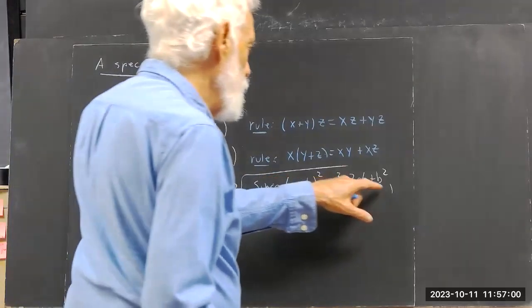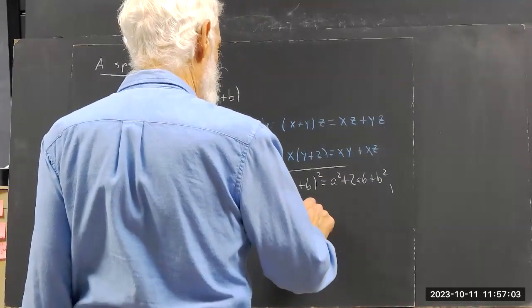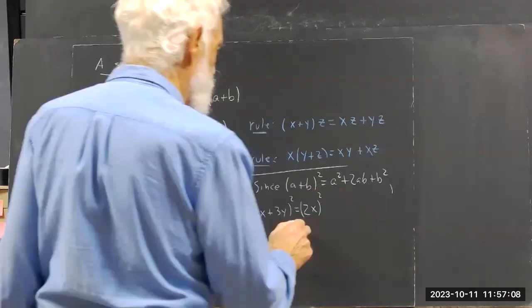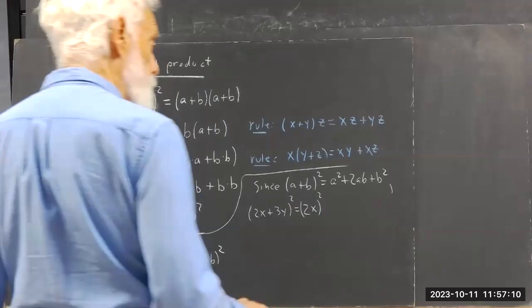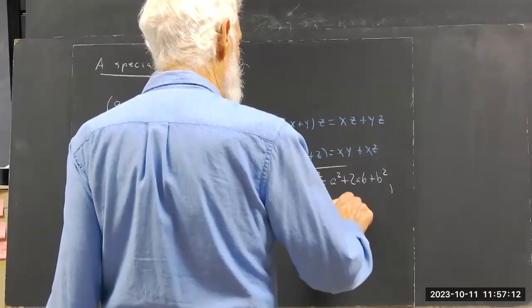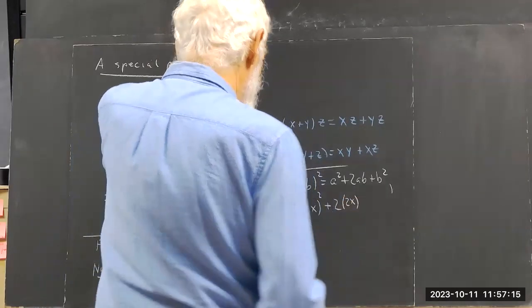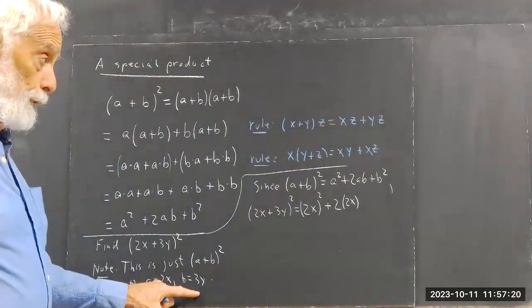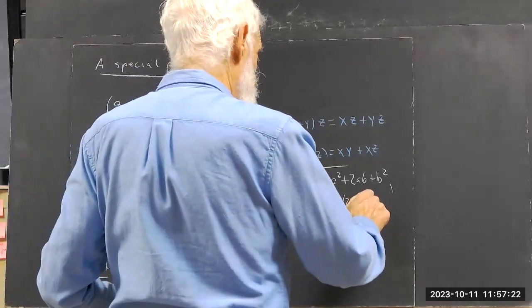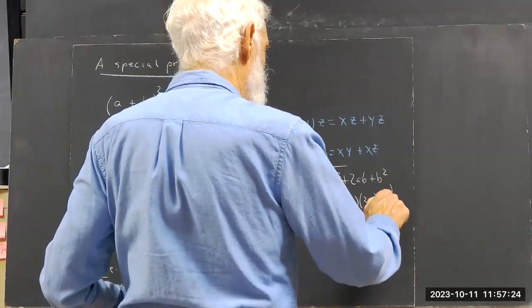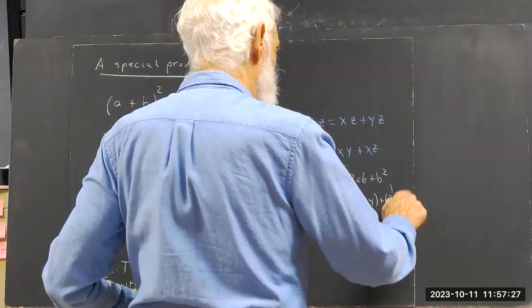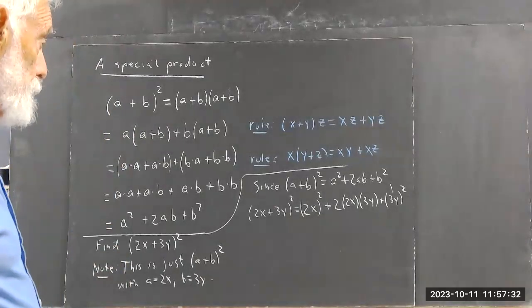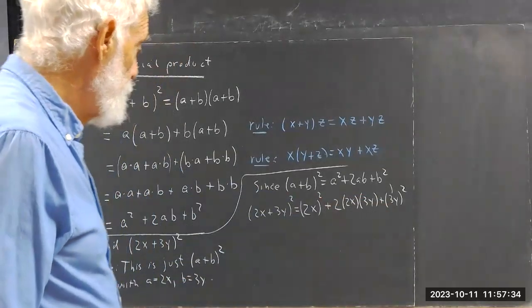We'll replace all the a's by 2x. So a squared is going to be the square of 2x. 2ab will be 2 times 2x, and then it's times b. But of course, b is 3y. So now we can replace b with 3y. And we get this.